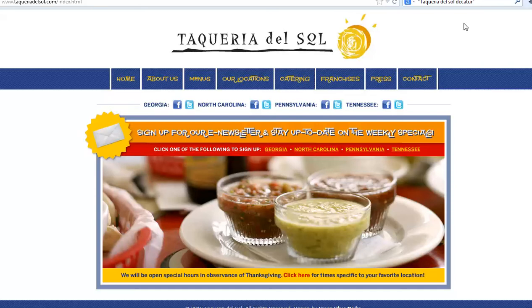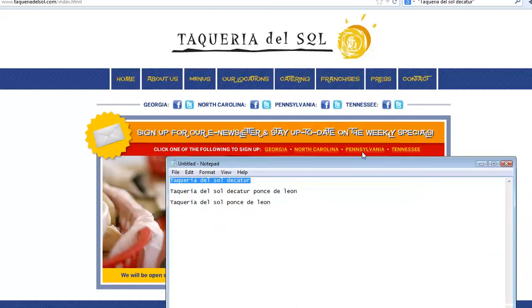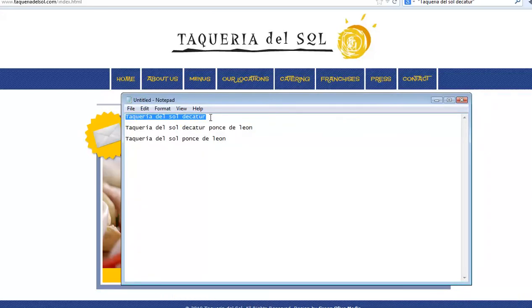Now, how are you going to get this ranked? With real estate agents, it's really easy to get stuff ranked for the whole address of the house. But if I were going to rank stuff for Taqueria del Sol Decatur, look, it says our locations. They obviously have more locations. I would start looking at these various things here.